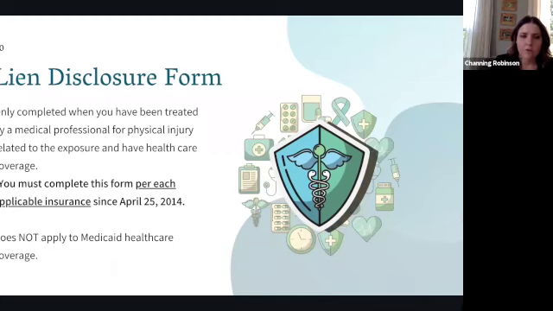Okay, if you've had multiple healthcare insurers since the crisis, you will need to complete one form per carrier. So, and I just want to note that this does not apply to Medicaid healthcare coverage. So again, if you are confused about if you need to complete this form, you can contact us and we will have guidance on our website as well.